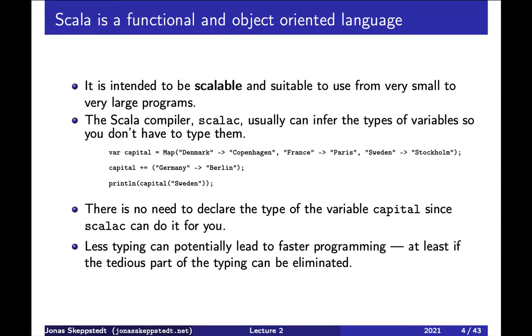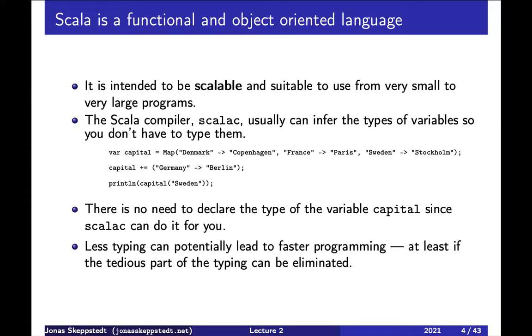For instance, if we have a map from a country to a capital, we can just write it like that, and we say that this is a variable, meaning that we can modify it. So here we add a new mapping from Germany to Berlin, and then we can print Stockholm using this statement.